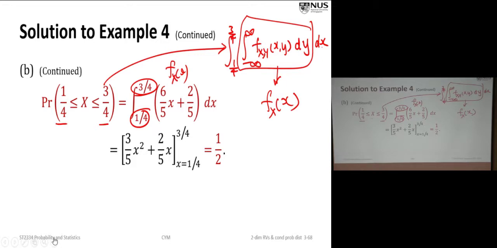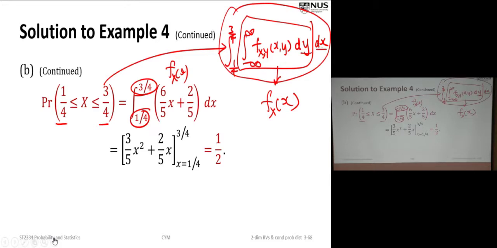Of course, if you know that I'm going to find the probability of x between 1/4 and 3/4, this probability that we're looking at involves only one random variable, x. Then why bother to work on this part? This one involves double integration.